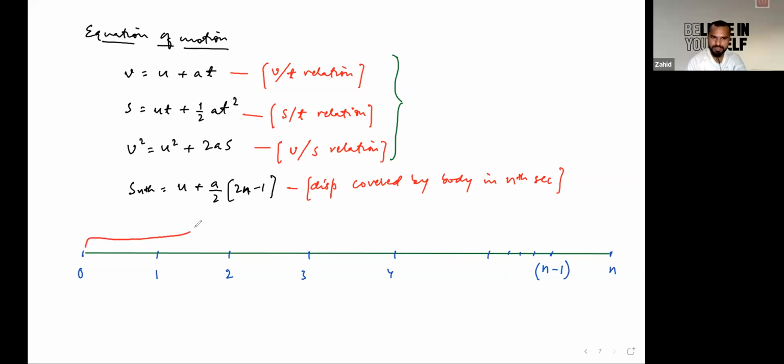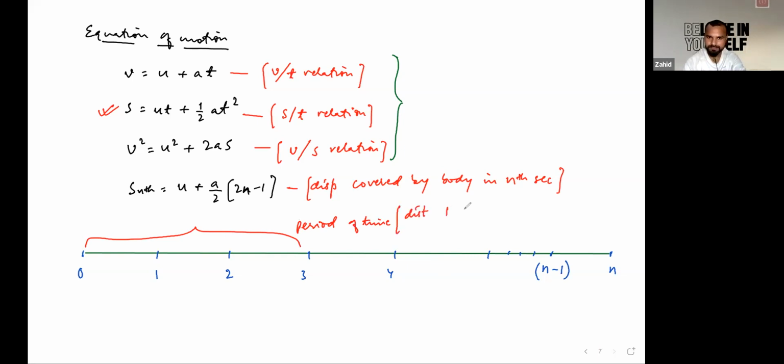Suppose you calculate displacement of the body using this equation, it will give you the displacement from the starting of the journey till that given point of time.